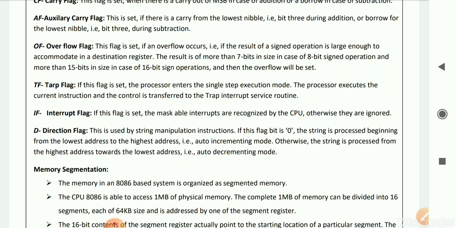In conclusion, if this bit is 0 you are processing in auto incrementing mode, and if this flag bit is 1 you are processing in auto decrementing mode. That is, lower address to higher address if this flag bit is 0, and higher address to lower address if this flag bit is 1.